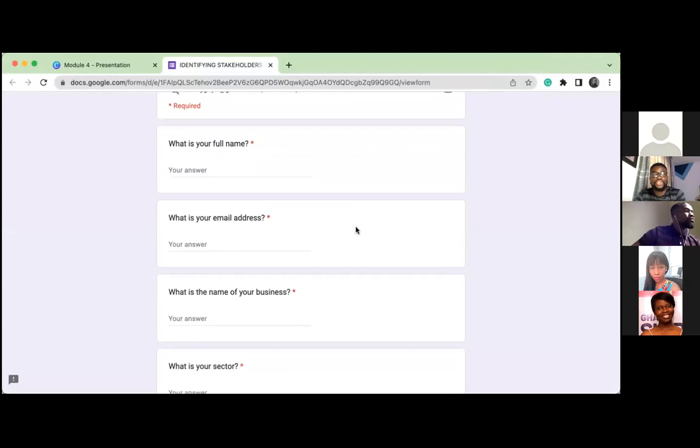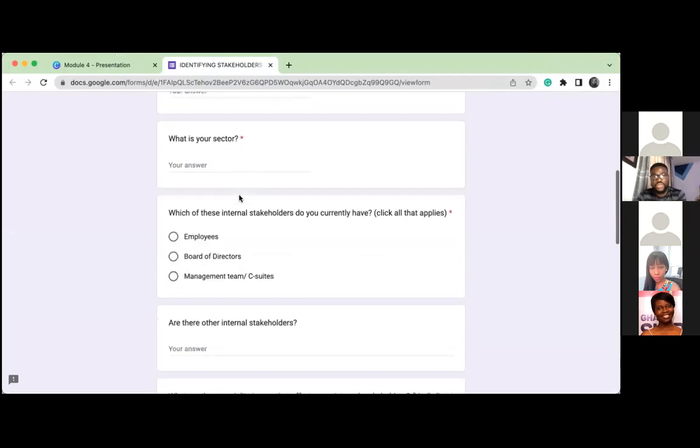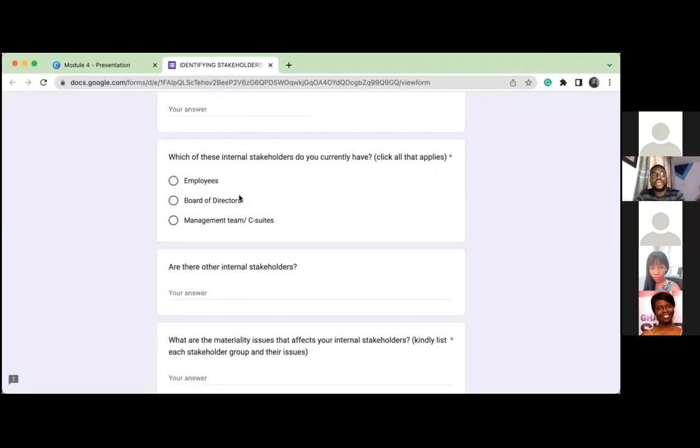Do you currently have, not do you wish to have in the future, only employees? You pick employees only, but if you have employees and C-suites, like CMO, CFO, COO, you can click both of them. If you happen to have all three, including board of directors, please feel free to click that as well. And if there are any other internal stakeholders that you do not see, feel free to highlight them in the next space below.